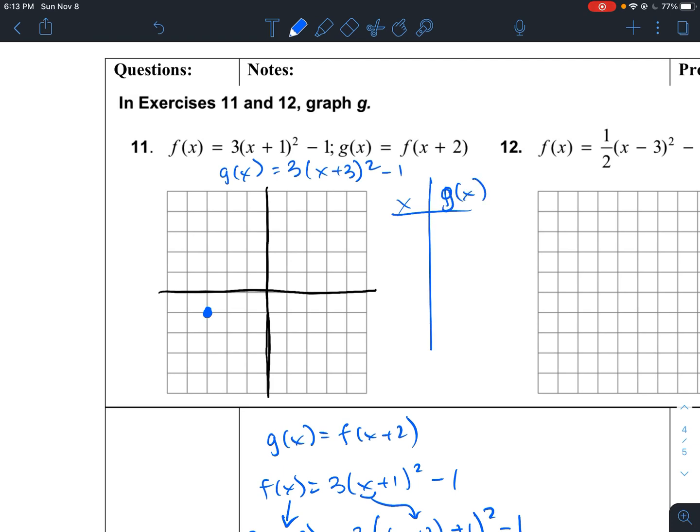So we want to know what the values of y are to the right of this point. That means you would plug in negative 2 if you wanted to find out what g of x is. And we're going to be open upward because g of x has a positive number right here. But I think I already know what it's going to be like, but if you plug it in, you should get negative 2, positive 2. And this is what your graph should look like.